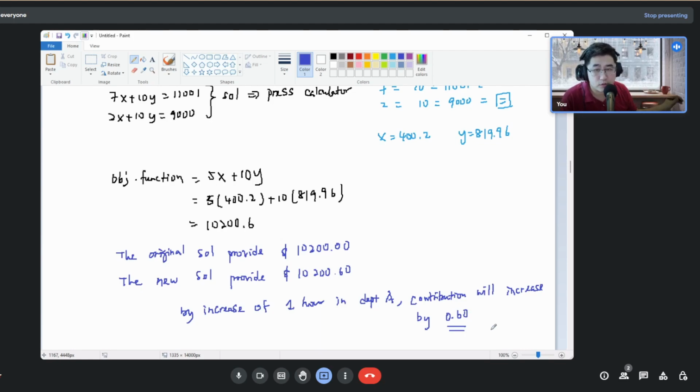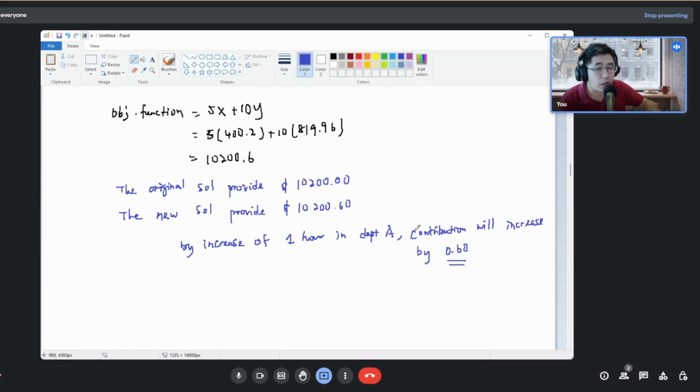Of course, the solution can be increased or decreased, depending on the question. Over here, the new solution is more than the original, therefore the contribution is increased by 0.60. So in other words, the shadow price is 0.60.